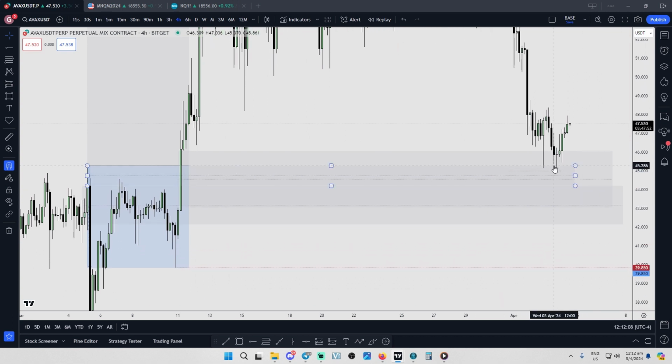You can just enter off this area, catching the knife but with precision. That is how I would do it. And if you have been watching my trade idea videos on my Telegram group, you would have noticed that I'm able to catch the exact lows. So yeah, that's how I would engage AVAX, right?